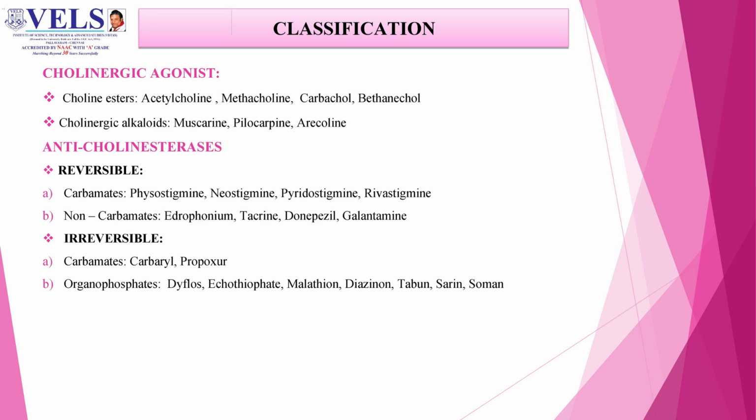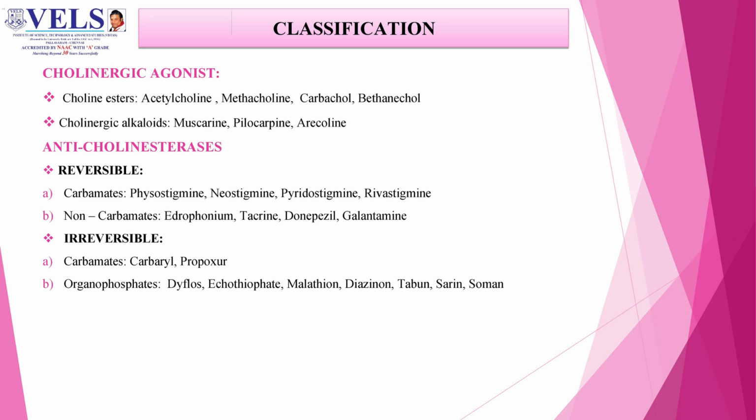Classification. It has been divided into two types, cholinergic agonists and anticholinesterases. Under cholinergic agonists you have choline esters and cholinergic alkaloids. Under choline esters the drugs are acetylcholine, methacholine, carbachol and bethanechol. Under cholinergic alkaloids you have muscarine, pilocarpine and arecoline. Anticholinesterases are divided into reversible and irreversible.